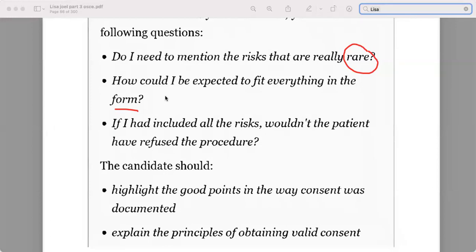As you said, it should be condensed and targeted, and the ready-made consent form is designed in a very easy way for doctors to follow the important points that need to be mentioned. So if I had included the risks, wouldn't the patient have refused the procedure?